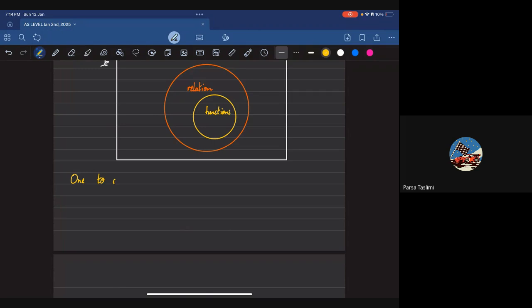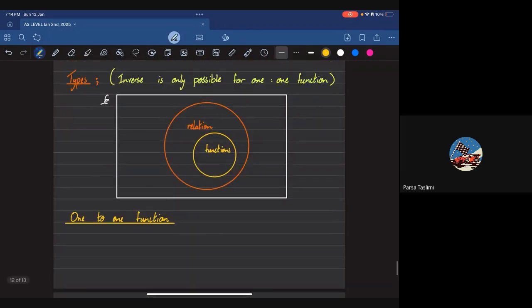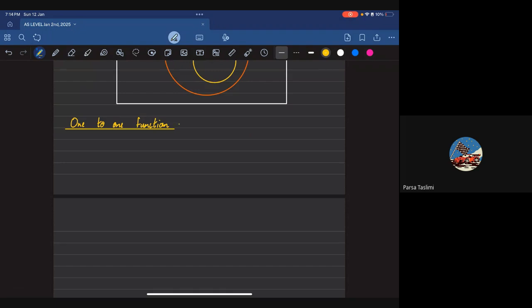So a one-to-one function is very simply, by the name itself, it has one output to one input. All right. So a one-to-one function is best described as something which has one output to one input.